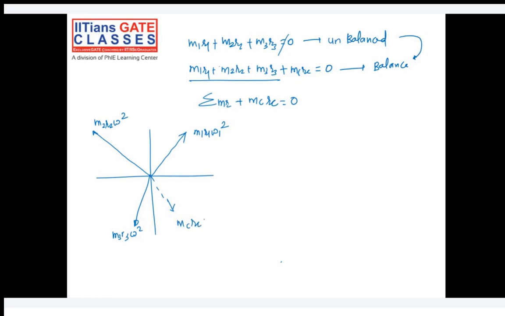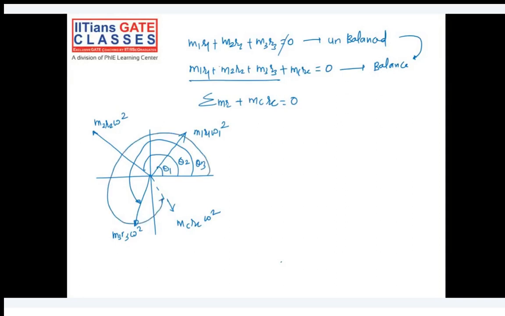So this kind of figure I can draw. These are coplanar concurrent force systems. Let's say this is at angle theta 1, this is at angle theta 2, and this is at angle theta 3, and the last one is at theta c. Okay, this angle is theta c.